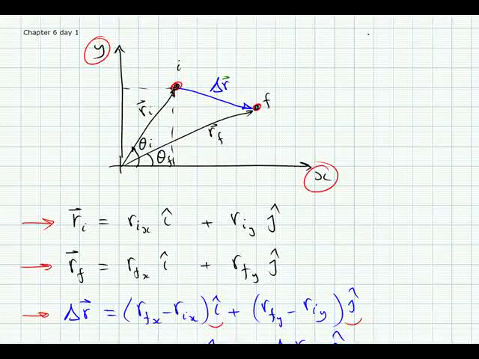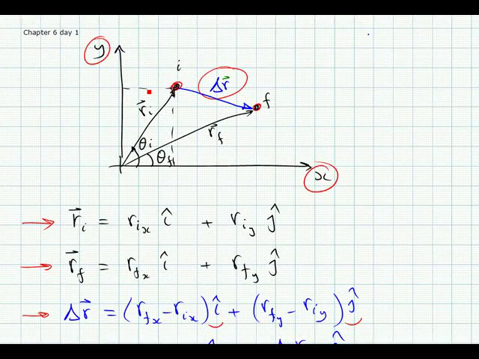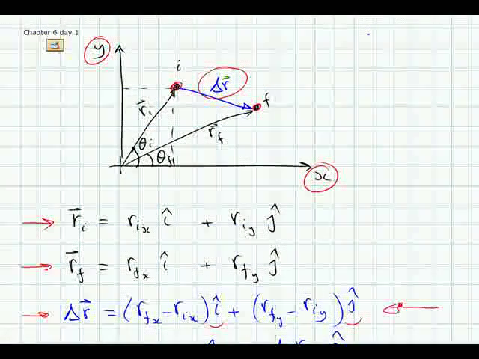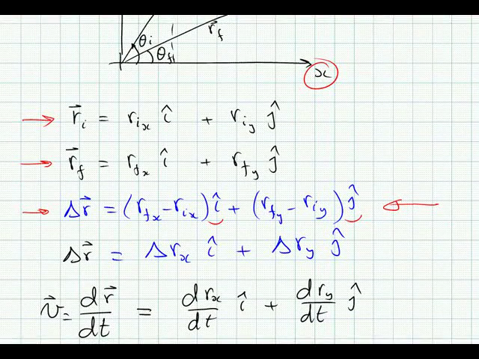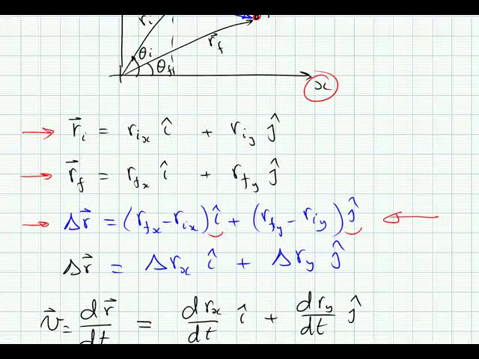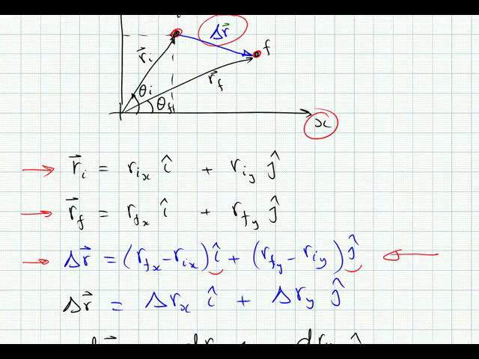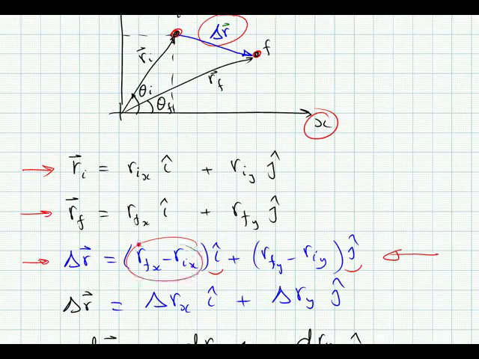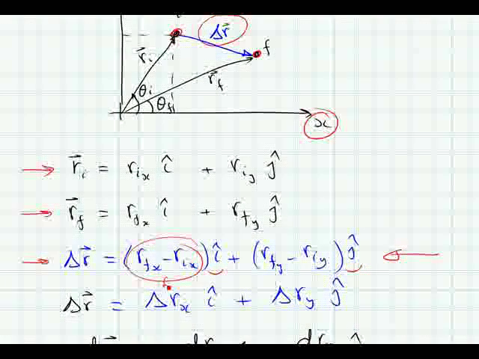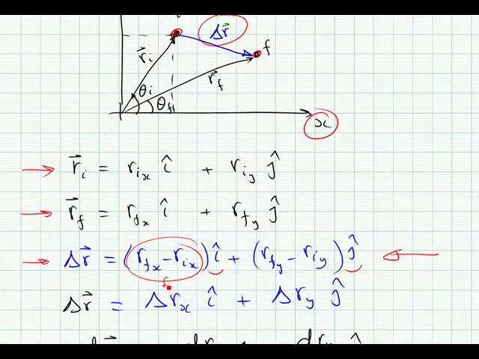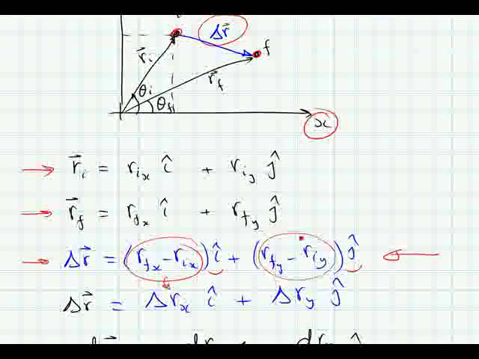So the displacement vector delta R takes this form down here, and as you can see in the diagram, Rfx minus Rix is simply the displacement along the x direction, and Rfy minus Riy is simply the displacement along the y direction.